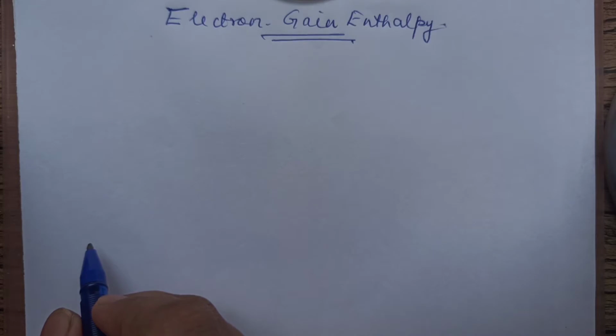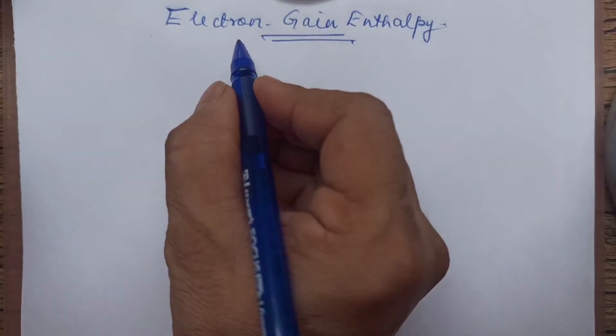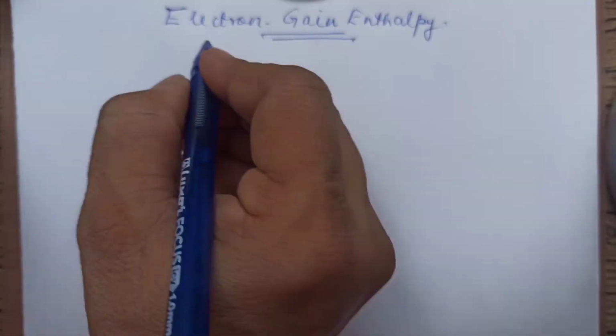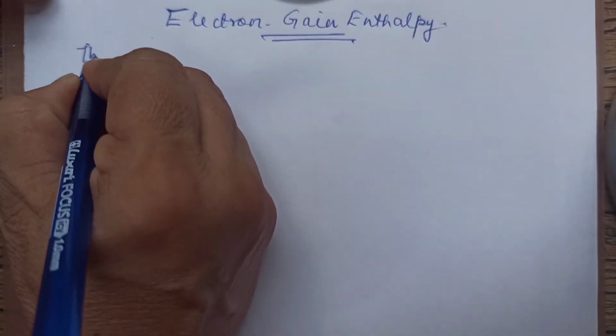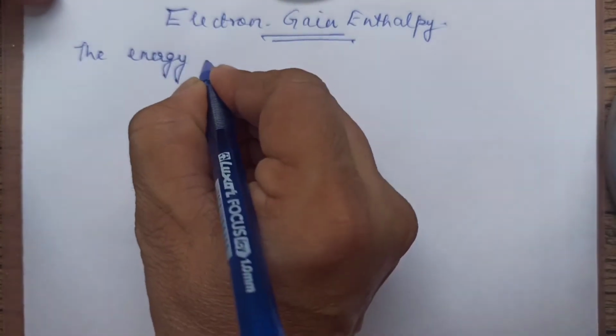So far we have talked about two periodic properties, atomic radius and ionization enthalpy. Now we are talking about the third one. Let us define it.